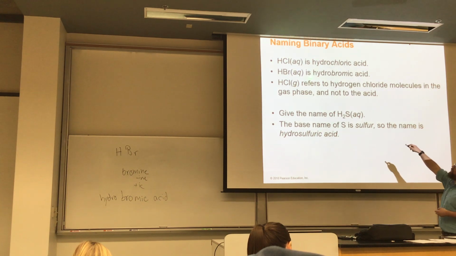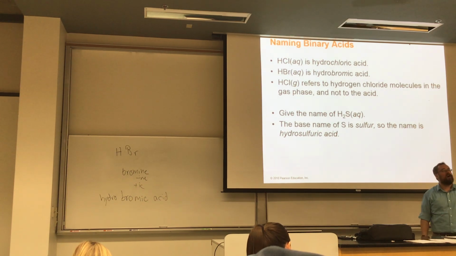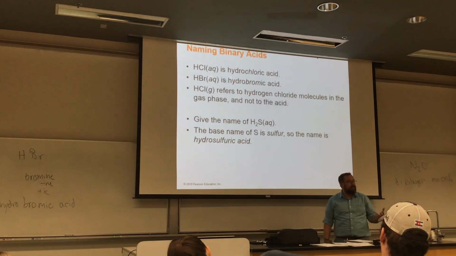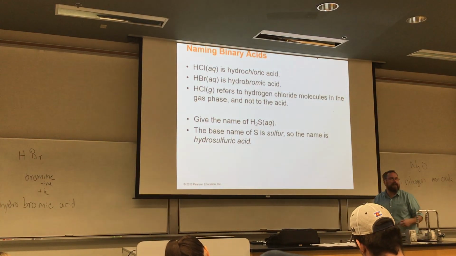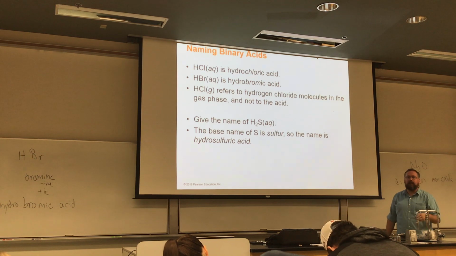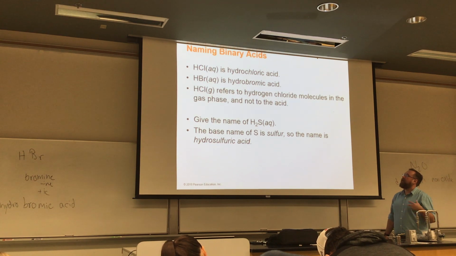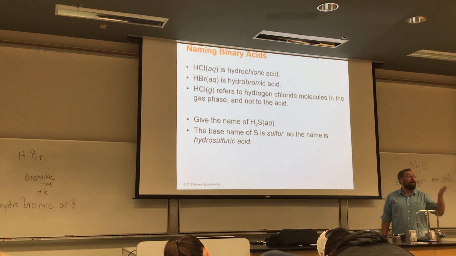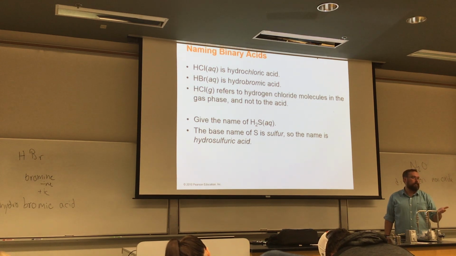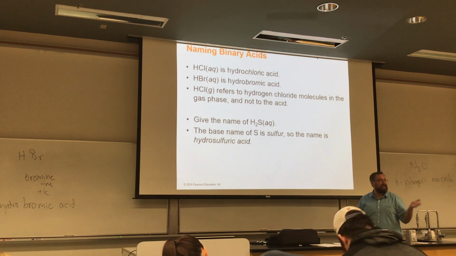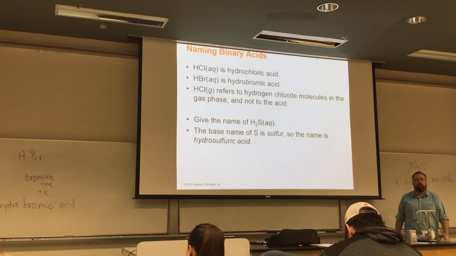Then there's this other one, aq, that means aqueous. Aqua is Greek, I think, for water, Greek or Latin, one of those old dead languages. I guess Greek's not that dead. It just tells us that our HCl is in a solution of water molecules. So there's a lot more water than HCl, but it still is present in our solution.